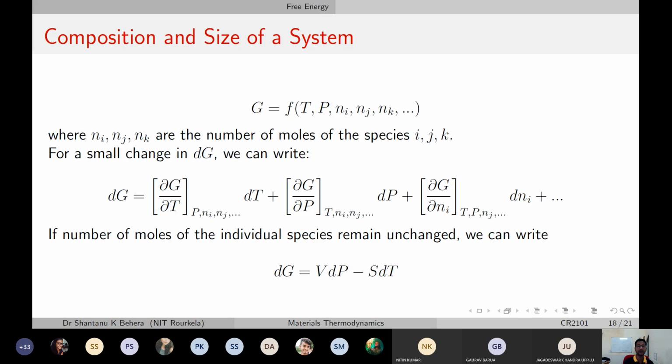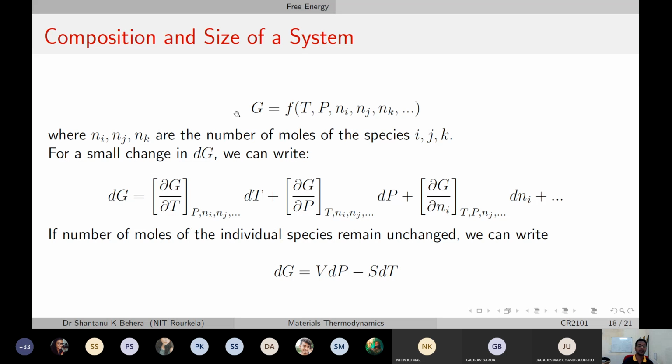With the changing of this composition, how things will change is defined slightly differently in an open system, where you have a number of species and you want to track the changes in free energy with the introduction of one species while the others are kept constant, which is what is written here. The overall small change dG can be tracked with the combination of small changes that happen in different places, right?